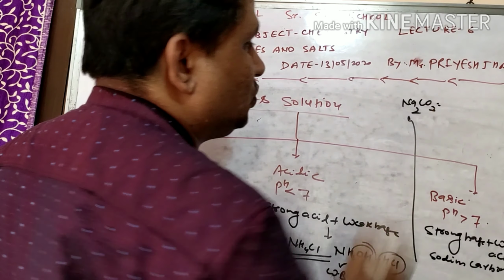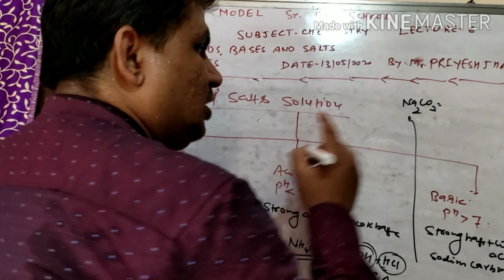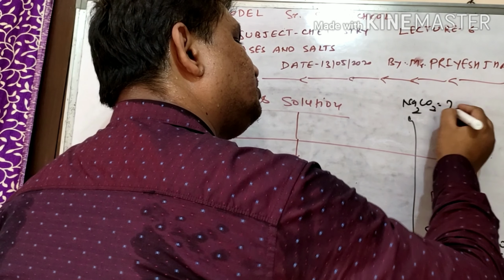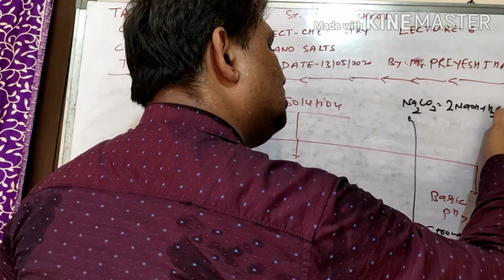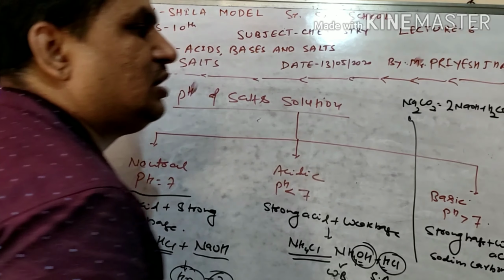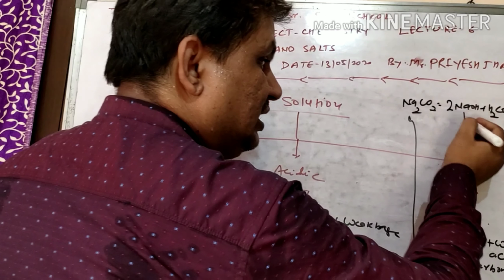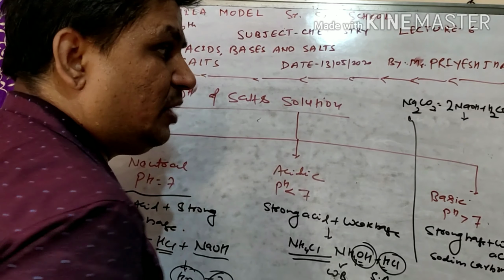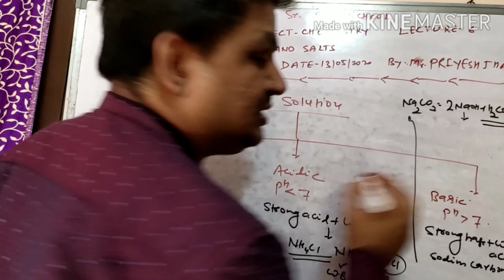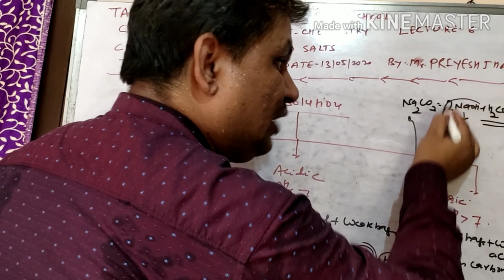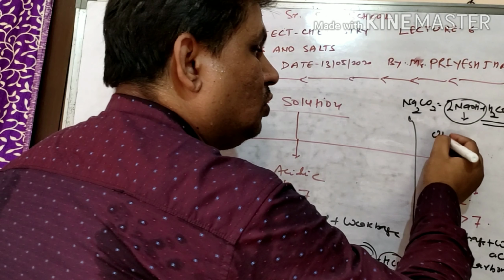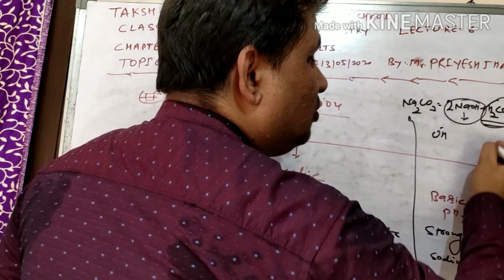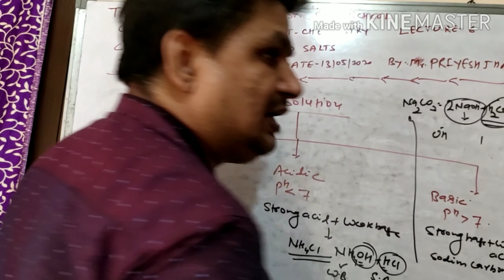Na2CO3, and this sodium carbonate is generally obtained when NaOH plus carbonic acid are combined. Generally NaOH is a strong base but carbonic acid is a weak acid. So NaOH is completely ionized and produces a large amount of OH ions, but in case of carbonic acid, less amount of hydrogen ions.